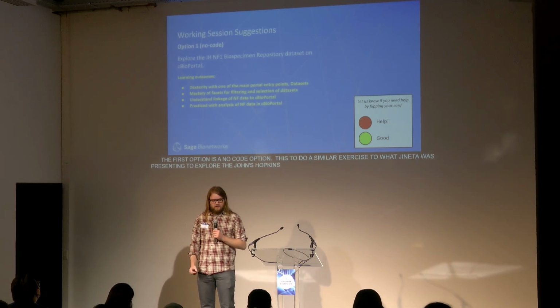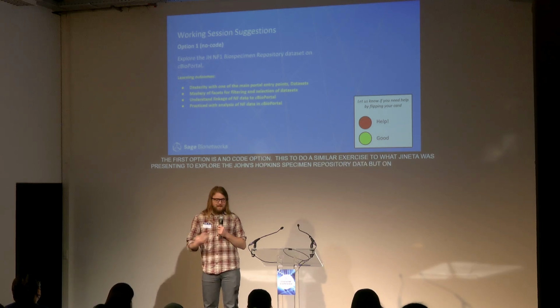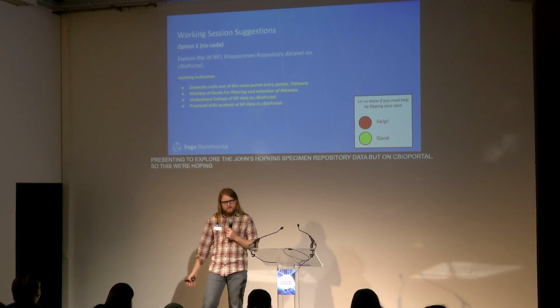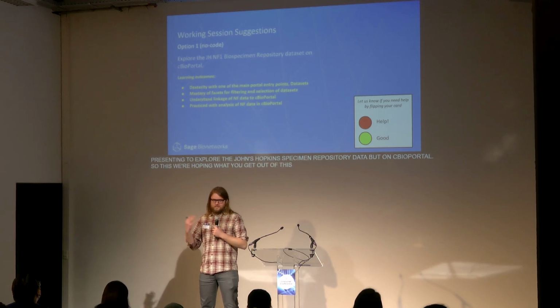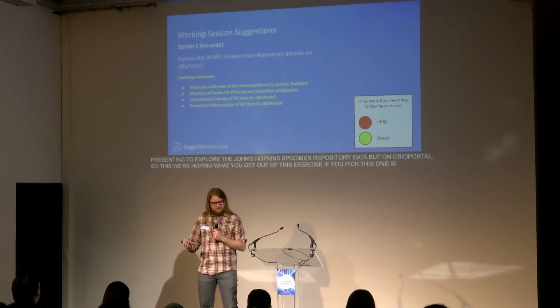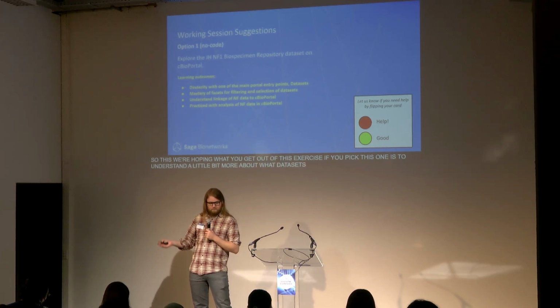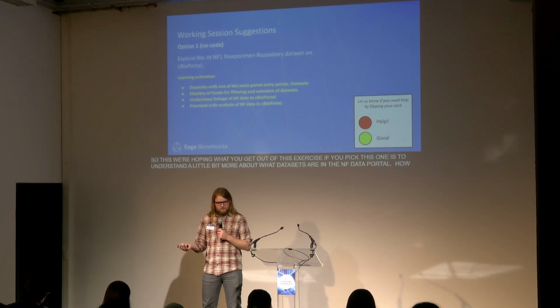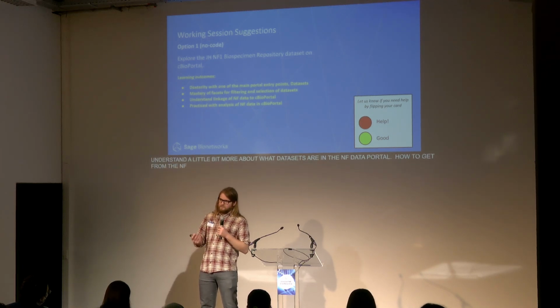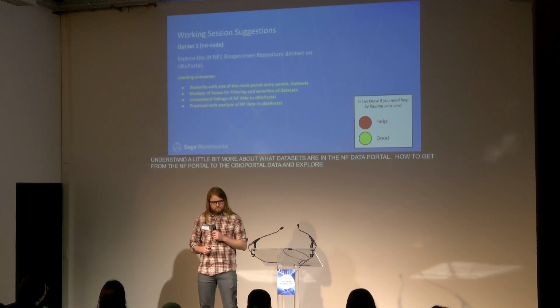We're hoping what you'll get out of this exercise, if you pick this one, is to understand a little bit more about what data sets are in the NF data portal, how to get from NF data on the data portal over to the associated cBioportal data, and explore some of that NF data in cBioportal.